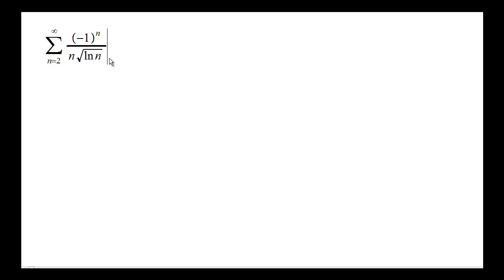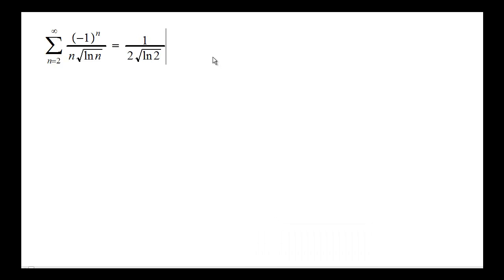So we are going to review our techniques of testing an alternating series by using this simple example. If I look at this series, we are starting with n equals 2 because n equals 1 is going to make this denominator invalid. So if we put n equals 2 here, we will have negative 1 squared as 1, so we have 1 over 2 square root of ln of 2.